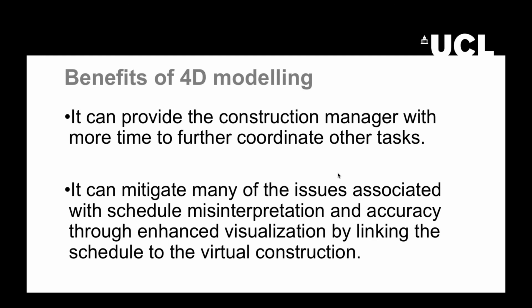The overall aim for a 4D model is to visually represent and communicate the plan of the project's construction, representing much more clearly the scope of the work, the different responsibilities, and the different activities that need to be carried out to achieve the project objectives.